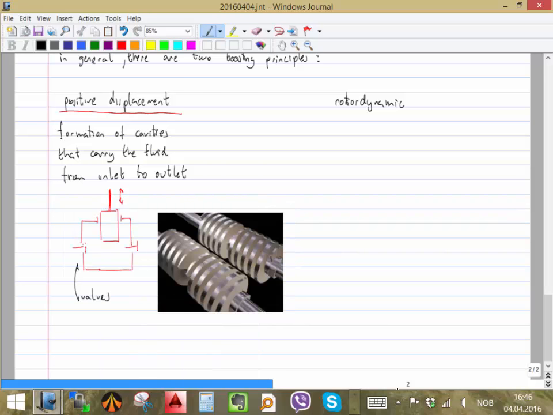But for subsea, this is the main one that is used, and it's called twin screw pumping. It's based on the formation of a cavity, and the cavity is carried along the unit. And then we have rotor dynamic, also called hydrodynamic pumps.